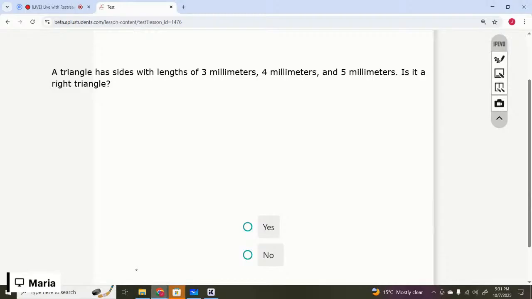A triangle has side lengths of 3 millimeters, 4 millimeters, and 5 millimeters. Is it a right triangle?